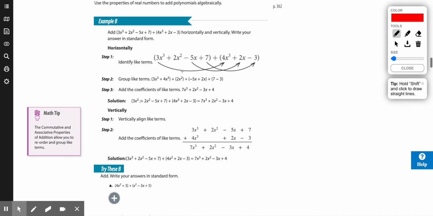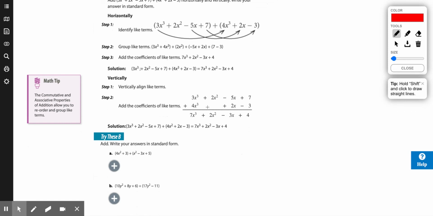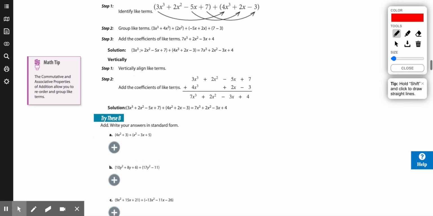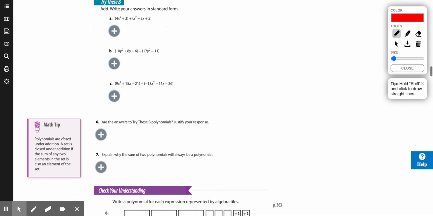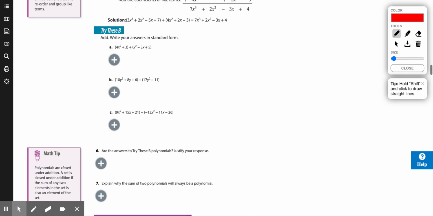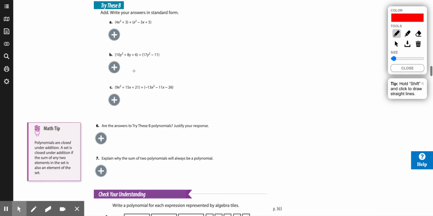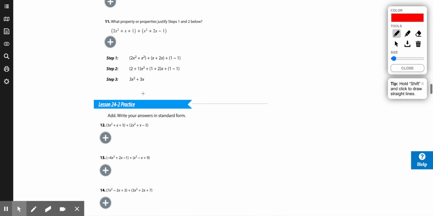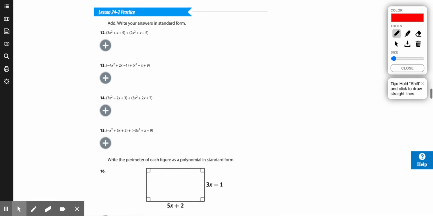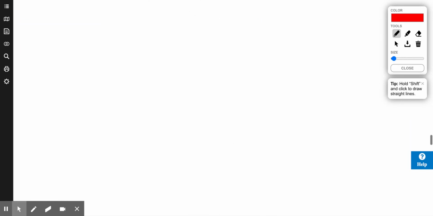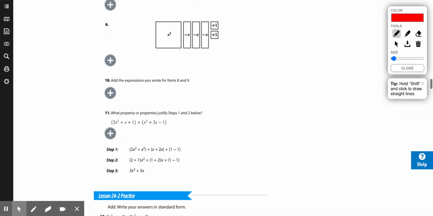All right. Sometimes you might want to add them vertically instead of horizontally. That's up to you. Let's just see. I'm trying to find one with a negative sign in here. I don't think they're going to do that on this lesson. It might be the next lesson. But it's basically just distributing the signs.